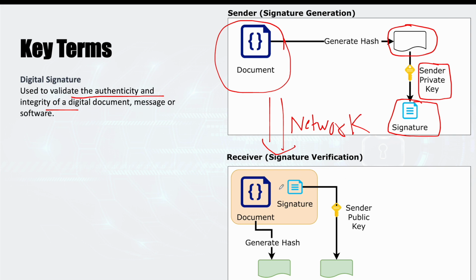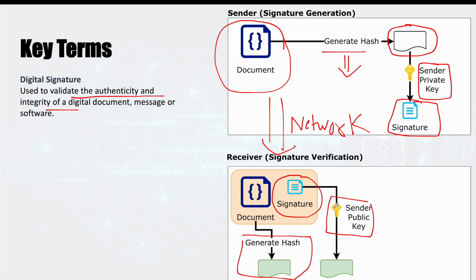The first thing it can do: the hash algorithm is already known to both the sender and receiver. So with the same hash algorithm, it will generate the hash of this document. And the signature which it received, it should be able to decrypt with the freely available public key.